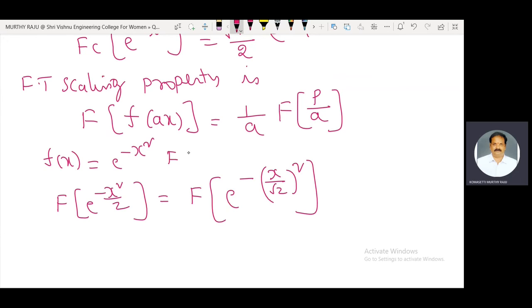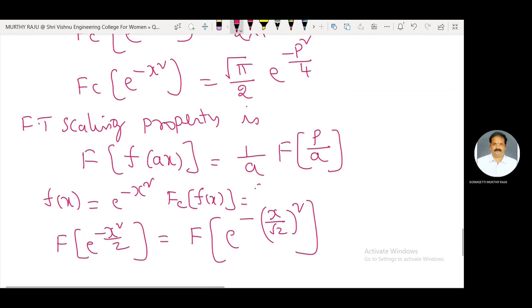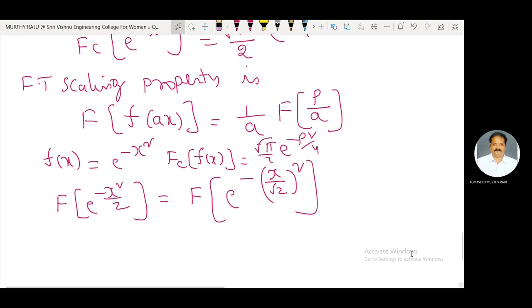Here the cosine transform of f of x is equal to root pi by 2 e power minus p square by 4. Compare this with f of ax, where a is 1 by root 2.